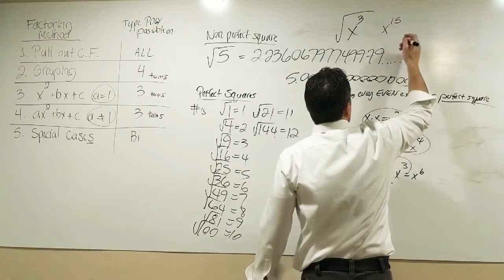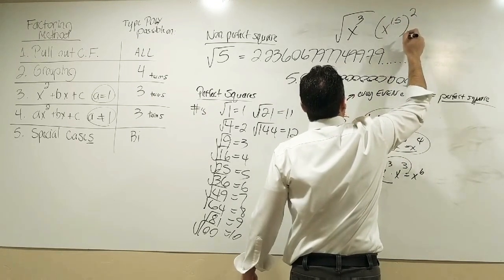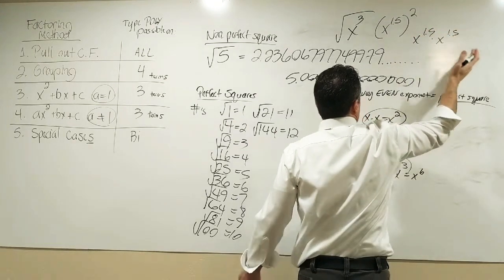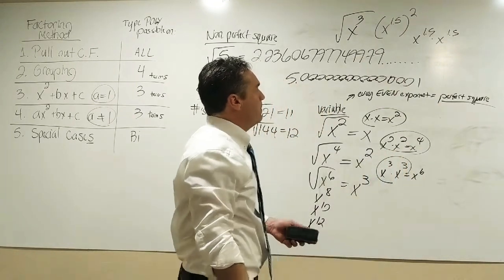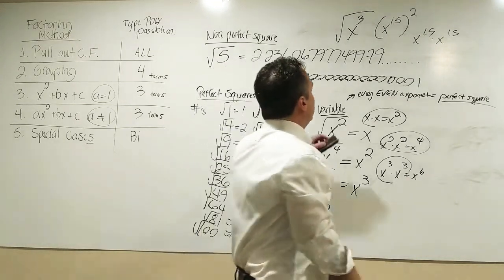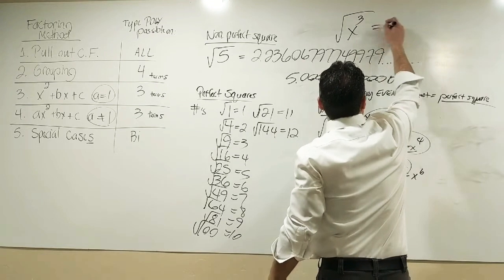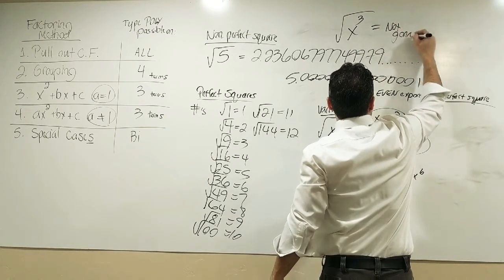Because really, if you took x to the 1.5 and you squared it, okay, which would be x to the 1.5 times x to the 1.5, you get to add those two and it would be x to the 3rd. But it's a decimal, and you can't have a decimal, or it's not a perfect square. So the point being that the odd ones, okay, all right, it's just not going to work, okay?